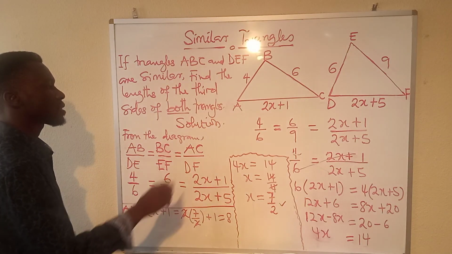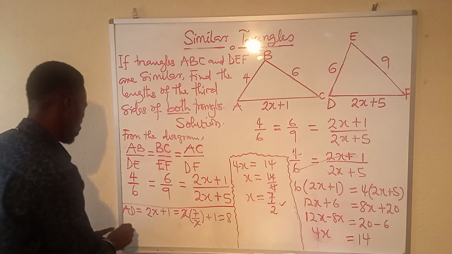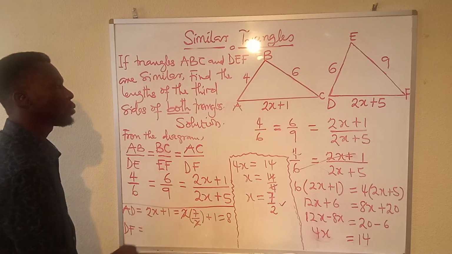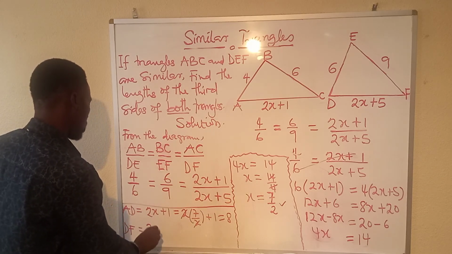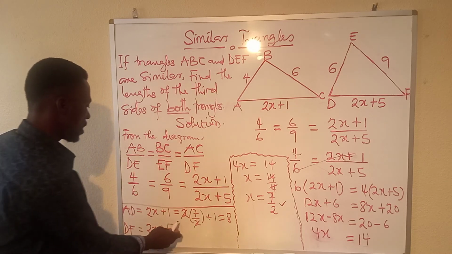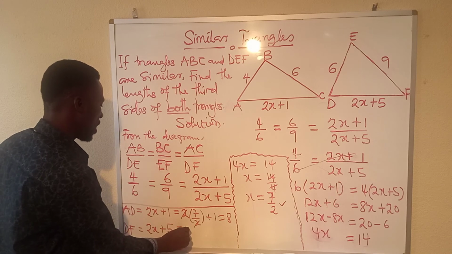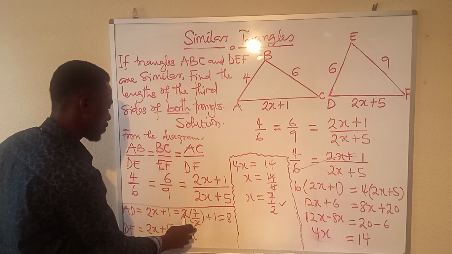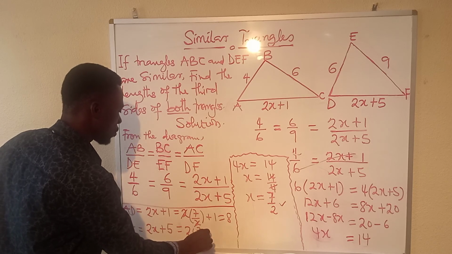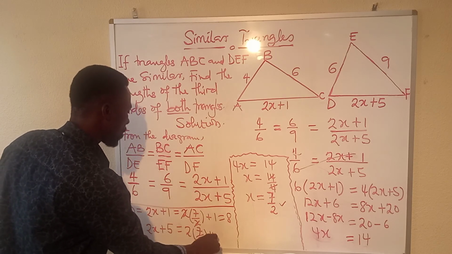And then we have the side DF also. DF is equal to 2x plus 5. With x equal to 7 out of 2, we shall have 2 times 7 out of 2 plus 5.